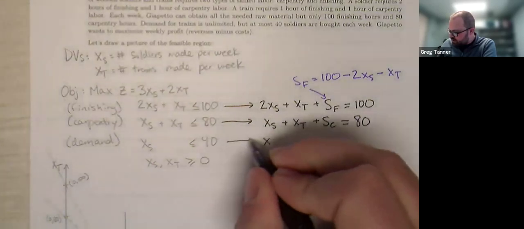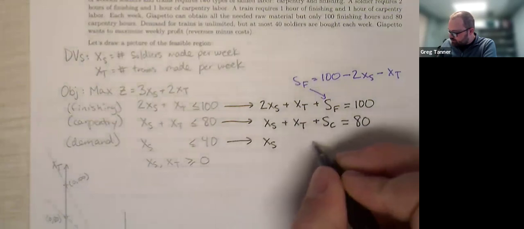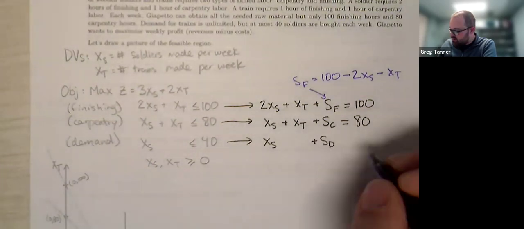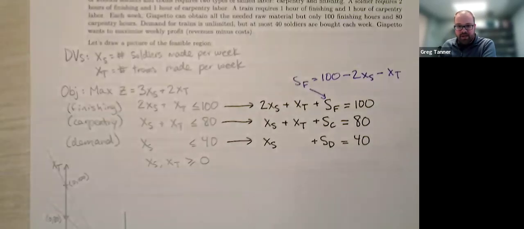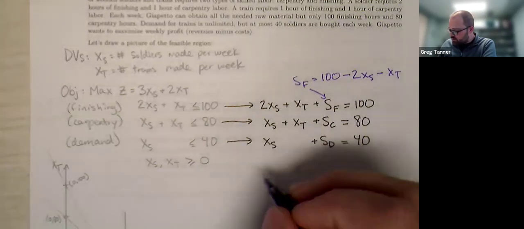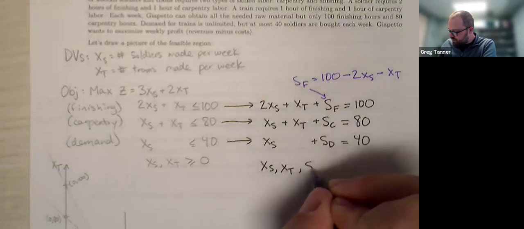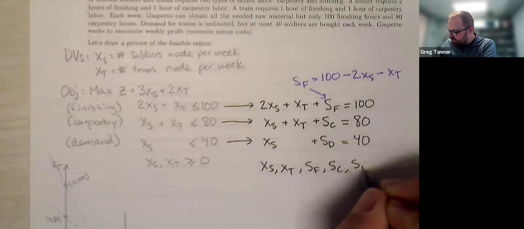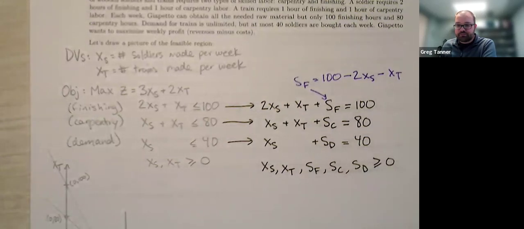The last constraint becomes XS plus SD, I'll use D for demand, equals 40. Now I've got not two variables, but five variables. My variables are now XS, XT, SF, SC, and SD, and all of those should be greater than or equal to 0.